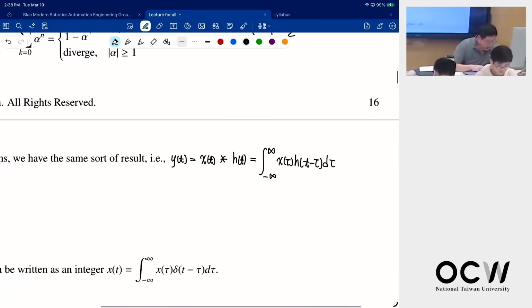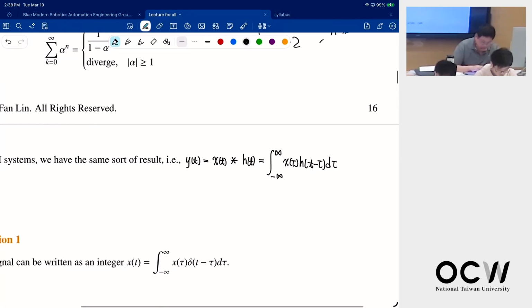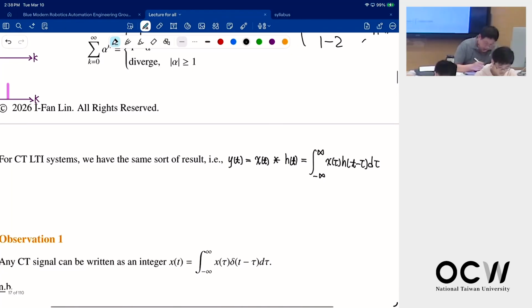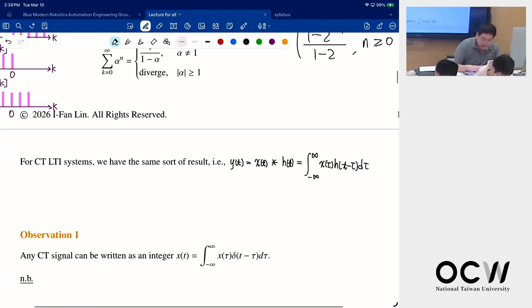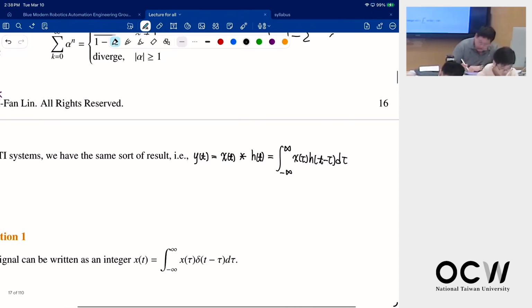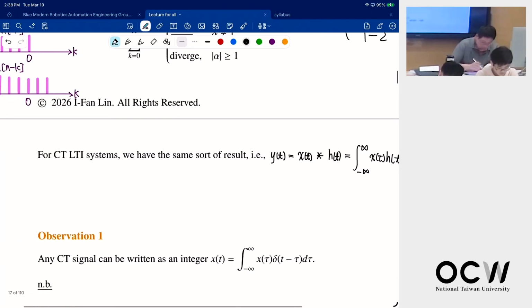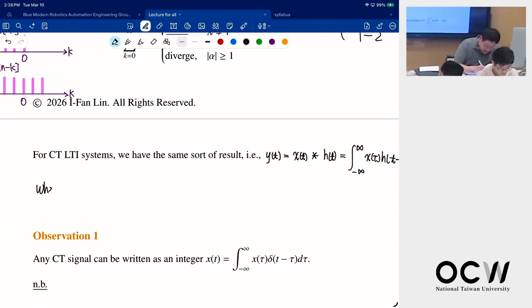And what is h(t) here? If we don't know the system, we can just send the unit impulse. Once we send the unit impulse, we get the system response.